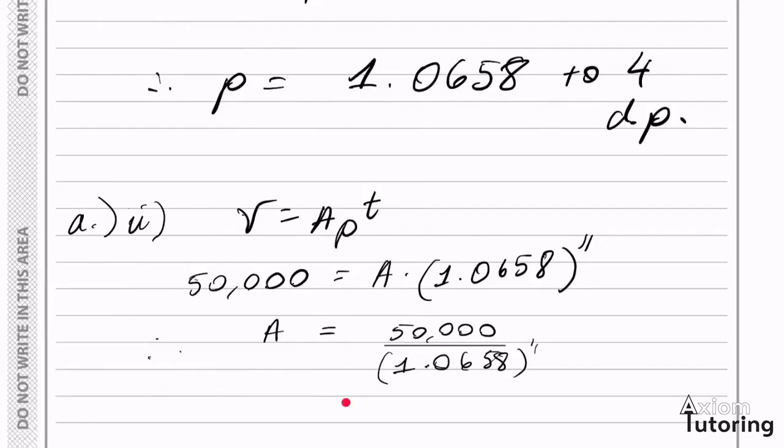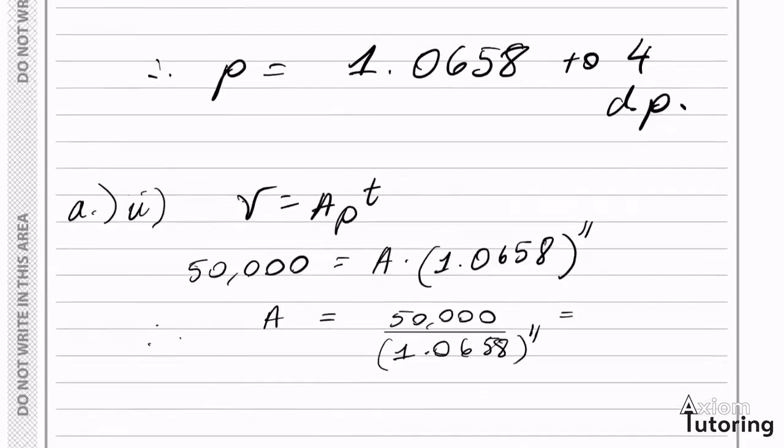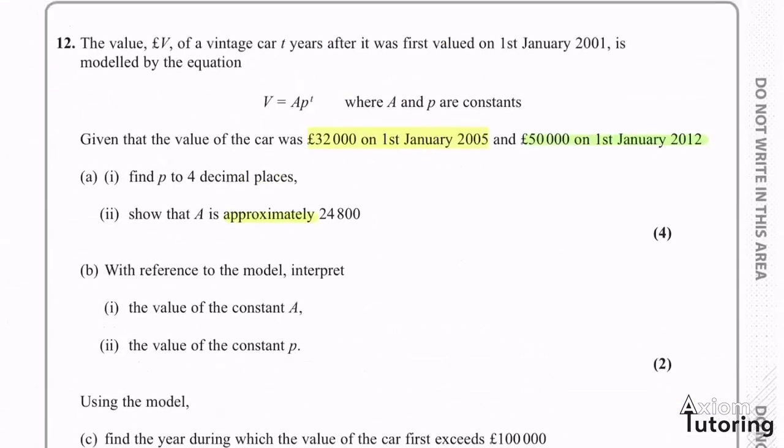Now all you need to do is plug these numbers into your calculator, and you should get the required value for A. So you should get that A is roughly 24,805.